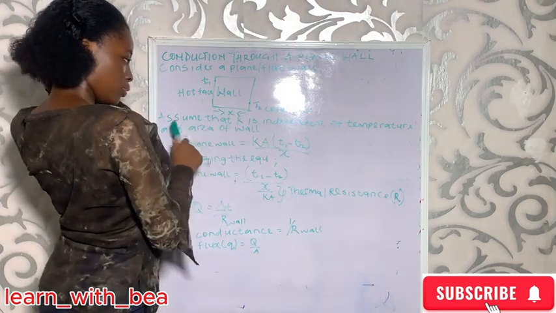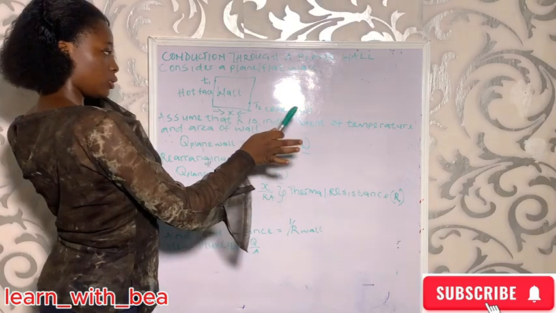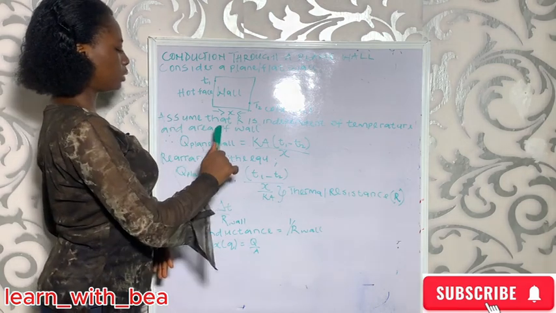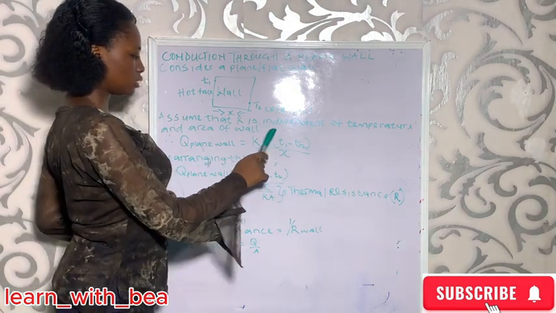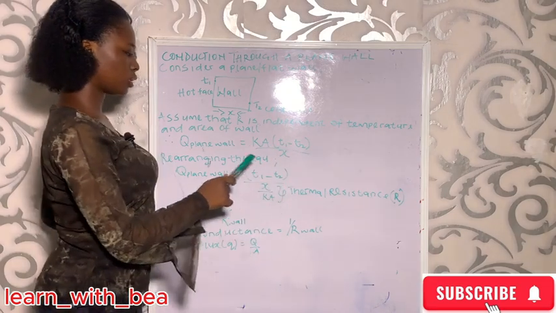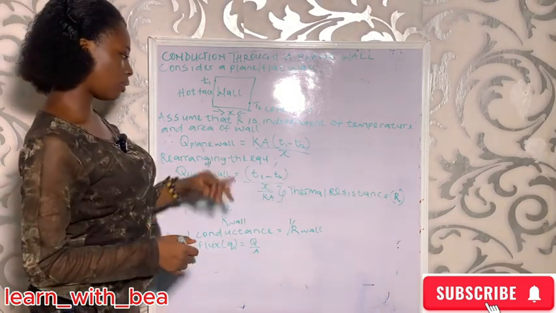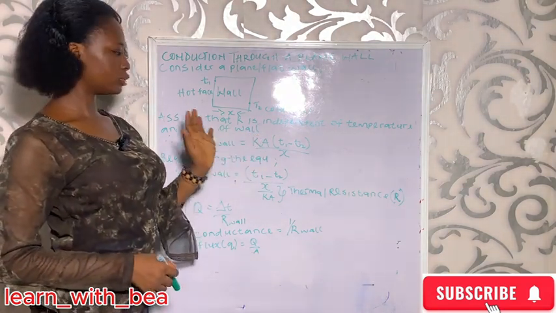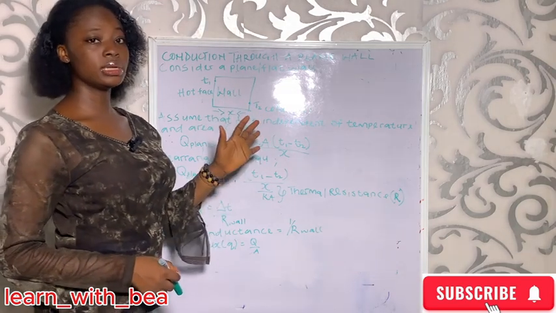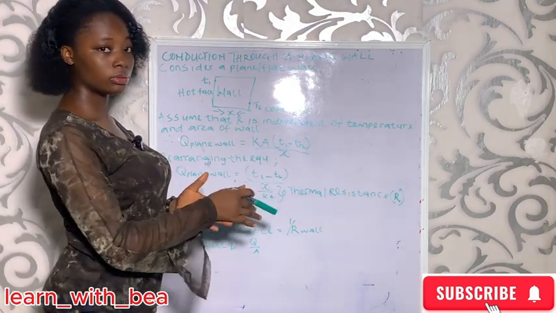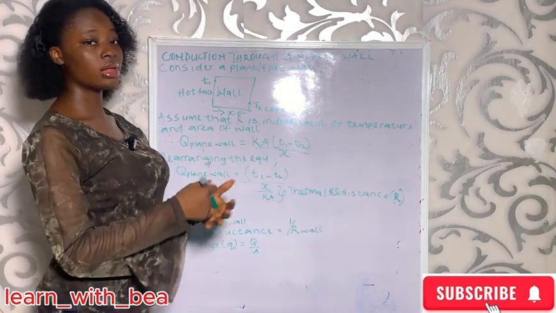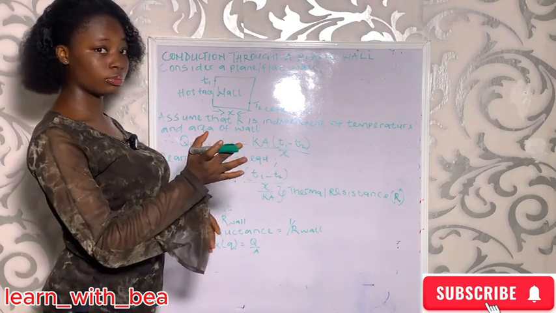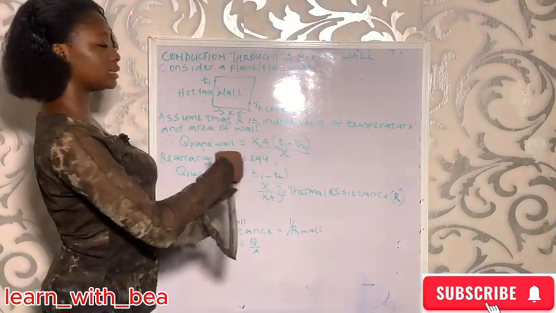We are assuming that our K is independent of temperature and area of the wall. So now our Q of the plane wall is kA (T1 minus T2) all divided by x. Our K is the thermal conductivity, A is the area in meter square, T1 is the inlet or inner temperature, T2 is the outlet temperature, and x is the thickness of the wall.